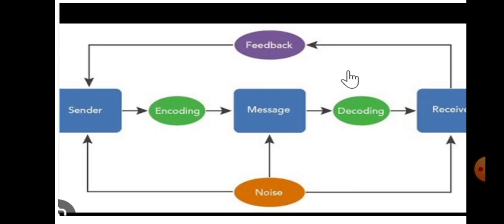Here another diagram is also based on the communication process. You can see this diagram clearly. Here the sender sends the message and the receiver decodes the message. After decoding the message, the receiver sends the feedback to the sender.